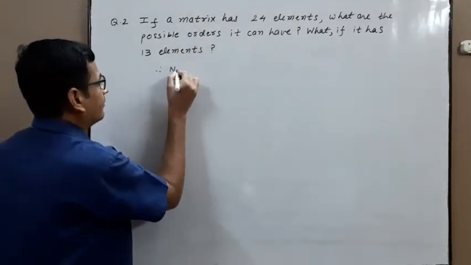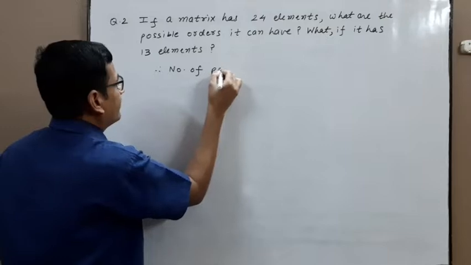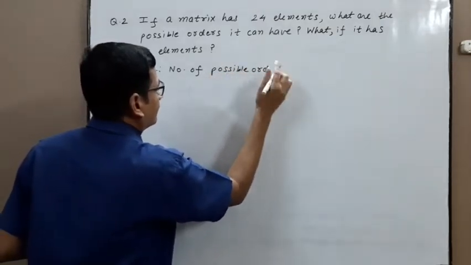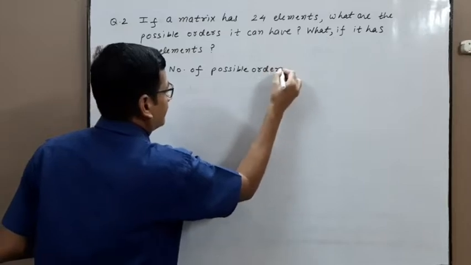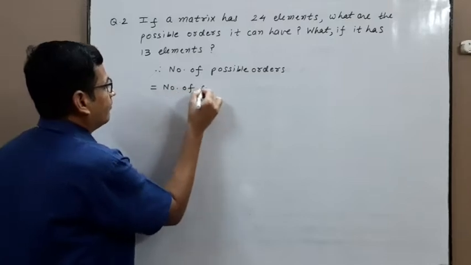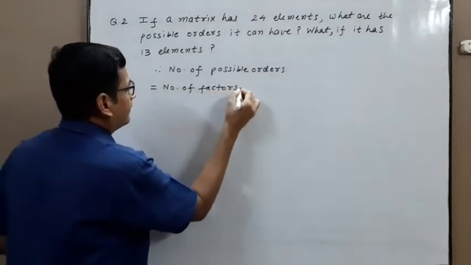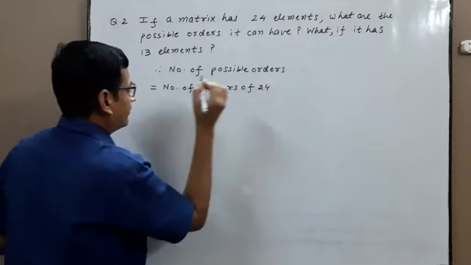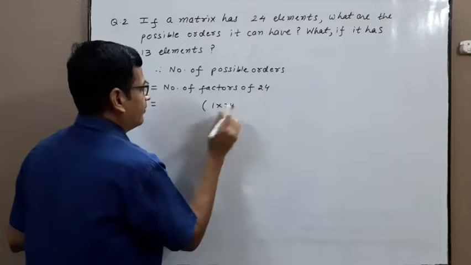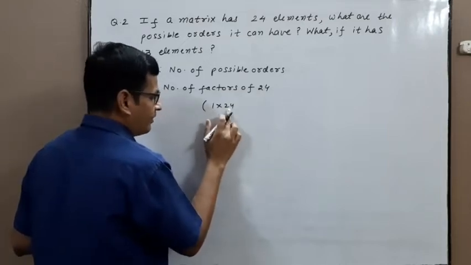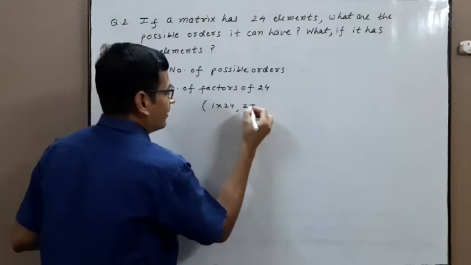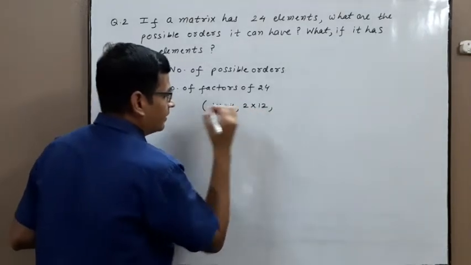So the number of possible orders is equal to the number of factors of 24. 1 into 24, because number of rows 1 and number of columns 24. The number of elements 1 into 24, 24. Then 2 into 12, 12 into 2, 24.